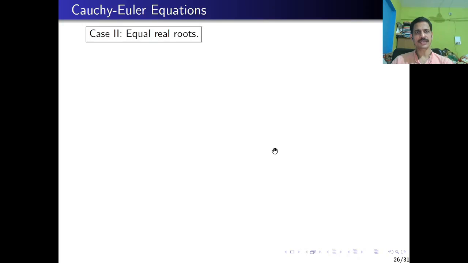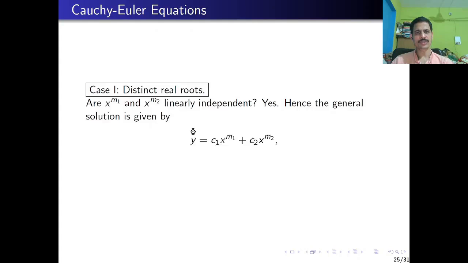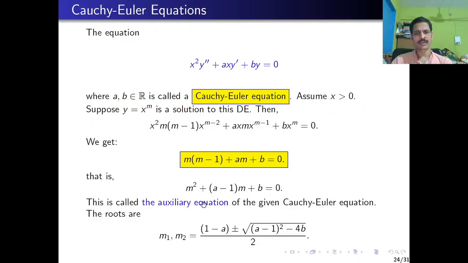Now consider the second case, when the roots of this quadratic equation are real and equal. In that case, the quantity under the square root will have value 0, that is (a minus 1) whole square minus 4b will be equal to 0.